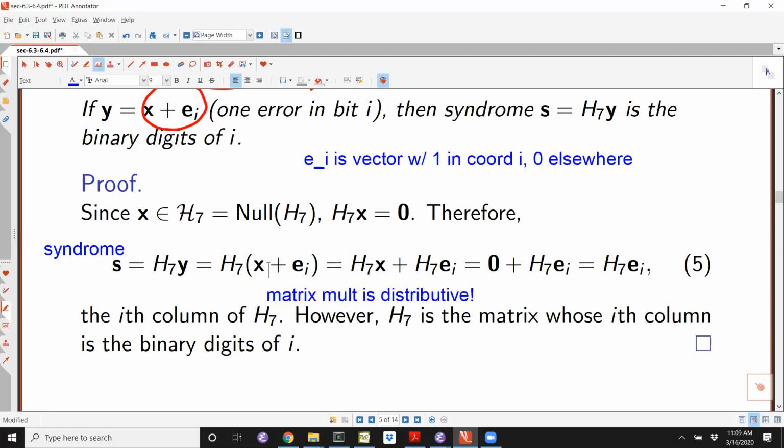So H7 times (X plus e sub I) is equal to H7 times X plus H7 times e sub I. Well, H7 times X is 0, and so we get the syndrome is equal to H7 times e sub I, which is the ith column of H7. However, by construction, the way we build that H7, that is the matrix whose ith column is the binary digits of I, and bada boom, bada bing, we are done. Yay!